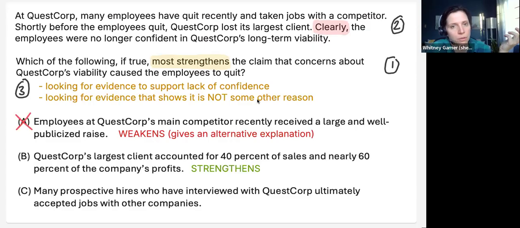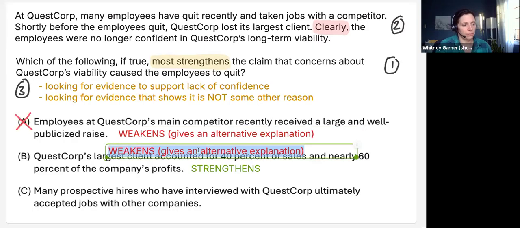They did accept jobs with other companies, but they don't directly tie that to the long-term viability. We care about the current employees and they're leaving because of this viability. Talking about prospective hires just choosing other companies isn't supporting or weakening that. So this would absolutely fit into our irrelevant.